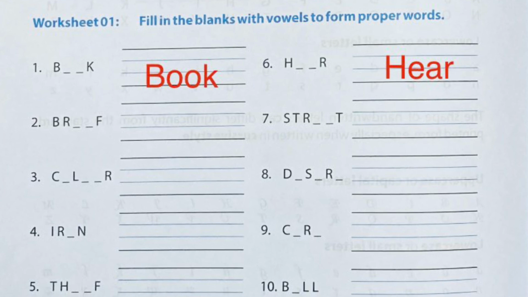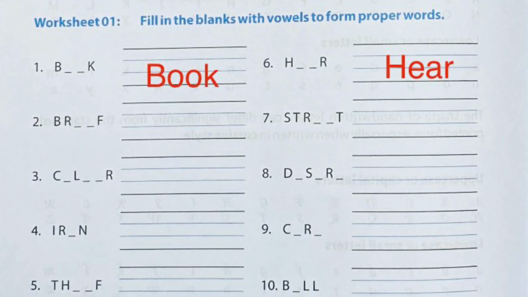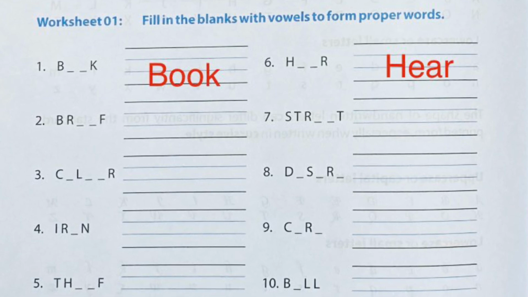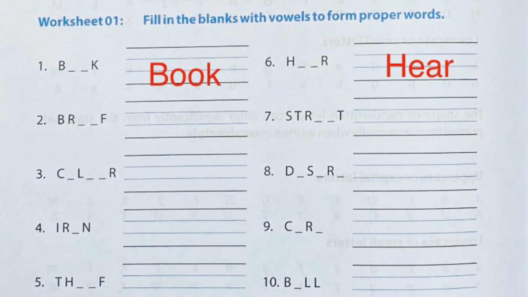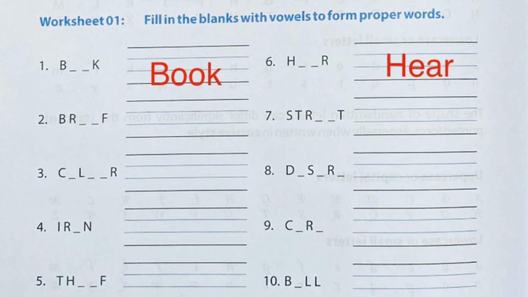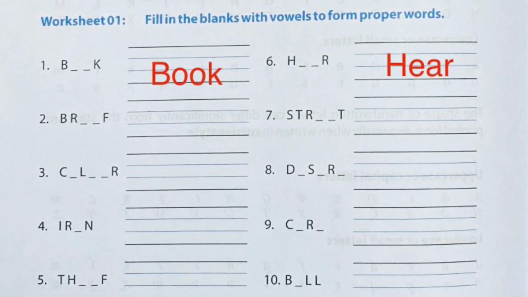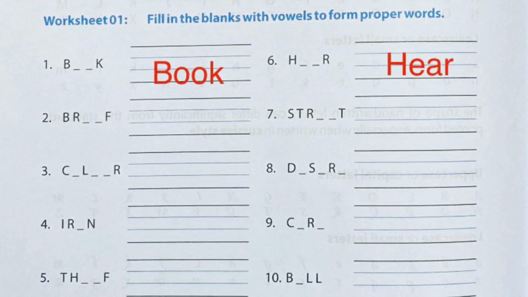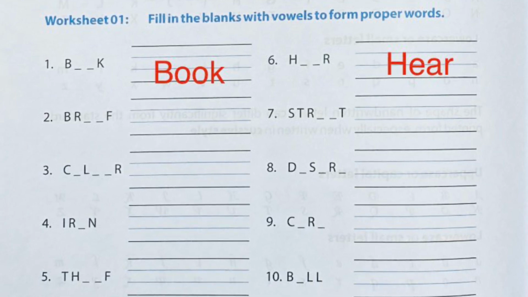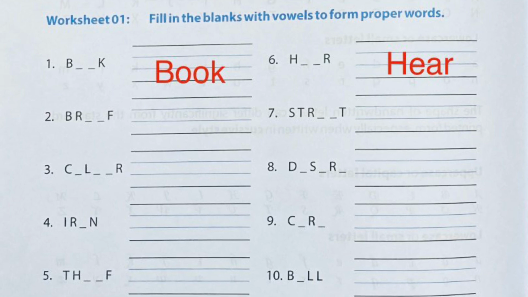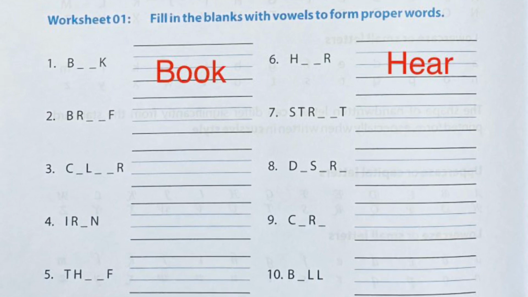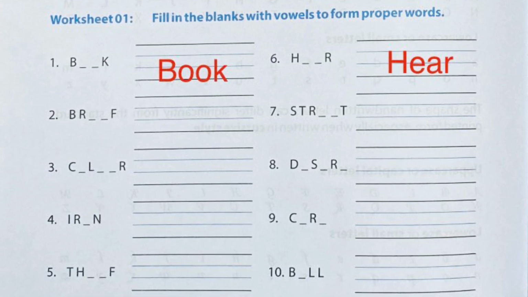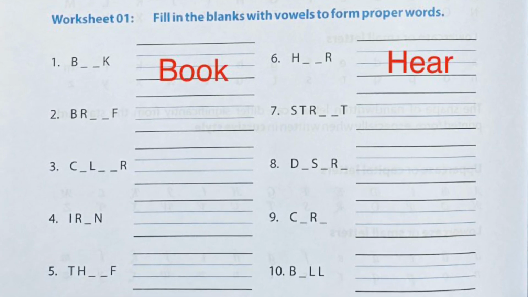In the first, the word is starting with B and ending with K, so I have written book, or you can write beak also, or any other word starting with B and ending with K. In the sixth, the word is starting with H and ending with R, so I have written word here. Whichever word you are able to think of, you can write that.